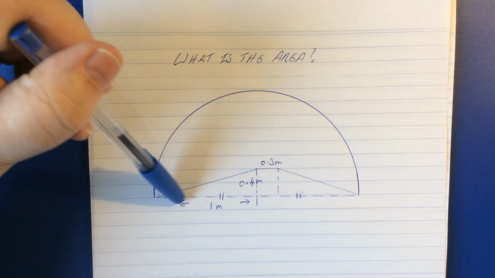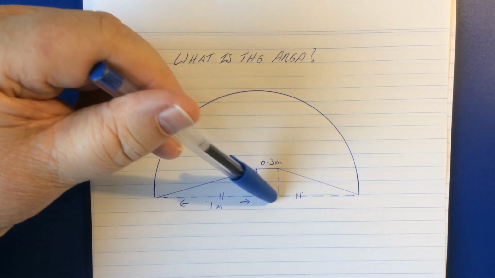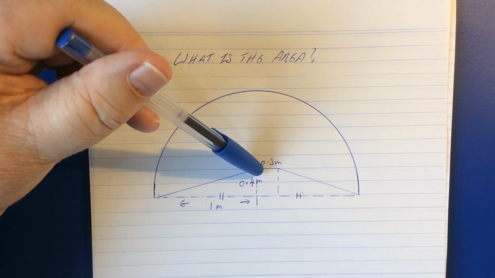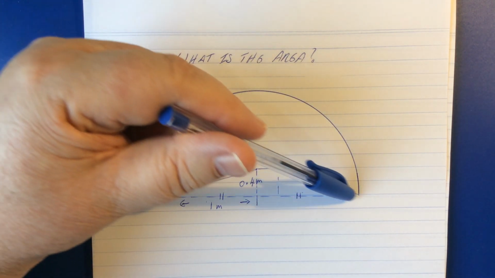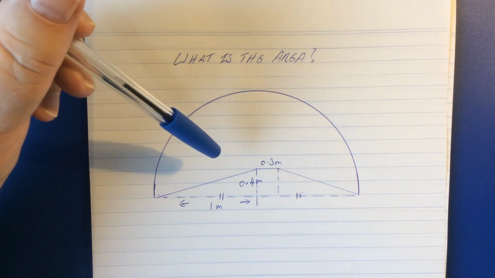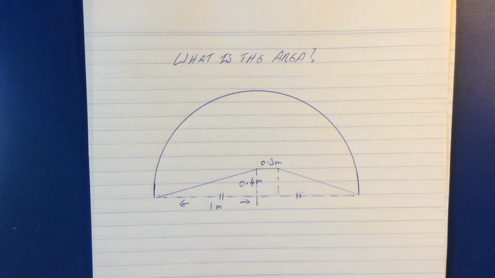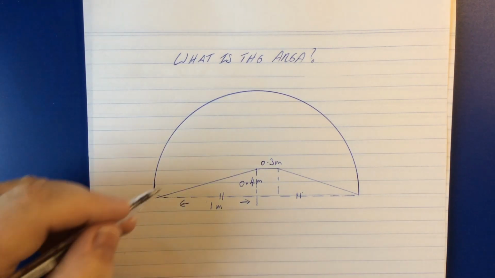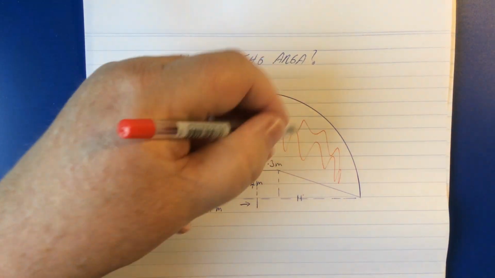Here we have a triangle. Here we have some sort of rectangle. It's not a square, it's a rectangle. And here we have another triangle. And the area that we're supposed to be finding, I'll just indicate with some red ink. We're looking for this area in here.